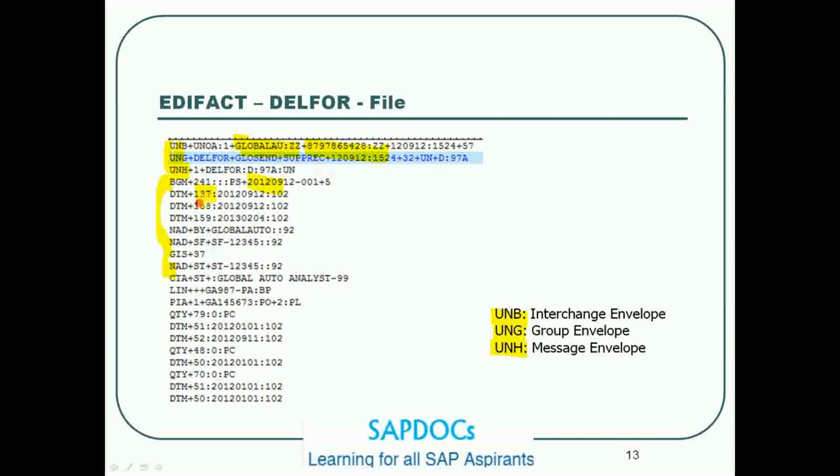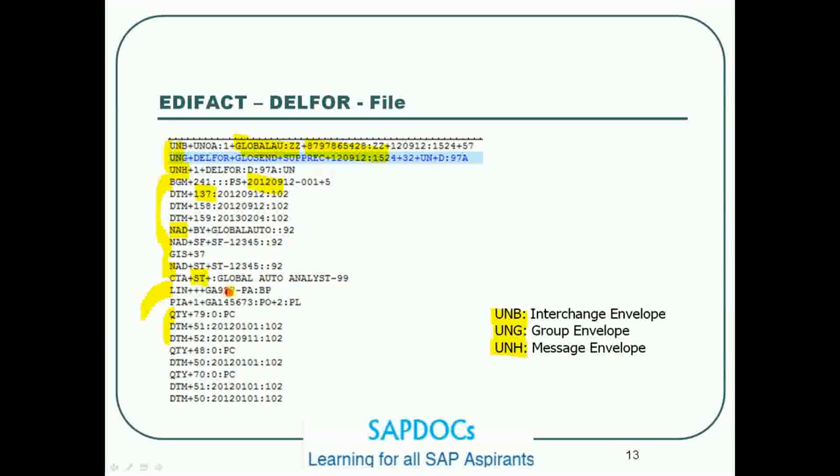These qualifiers mean different things depending on their values. For NAD, we have buyer, ship from, ship to, and this is additional contact detail for the ship to location. Then we have the LIN segment, which tells the part number. We have the PO number. Then we have the QTY and DTM segments, which tell what quantity to be shipped on what date.